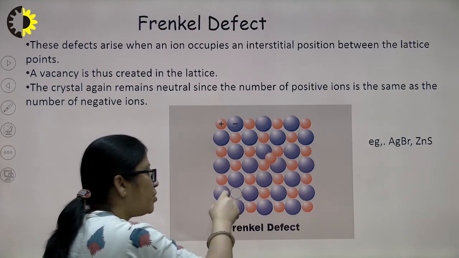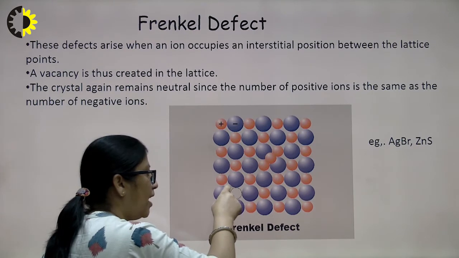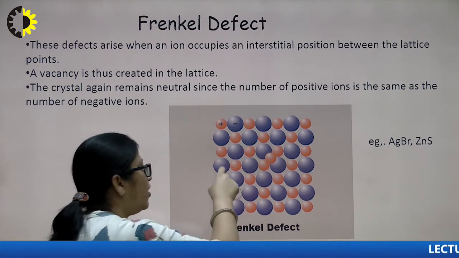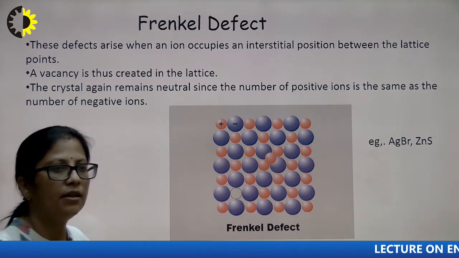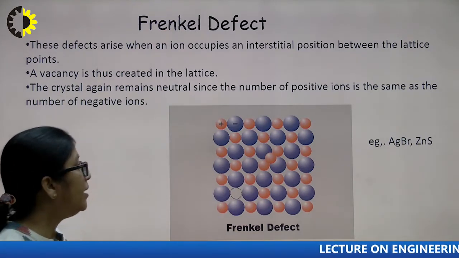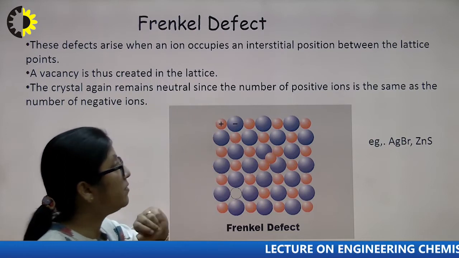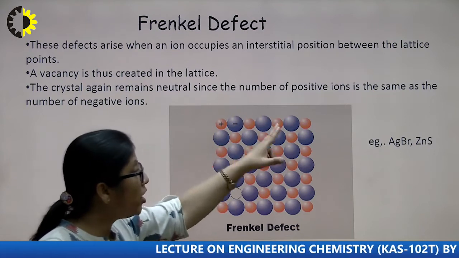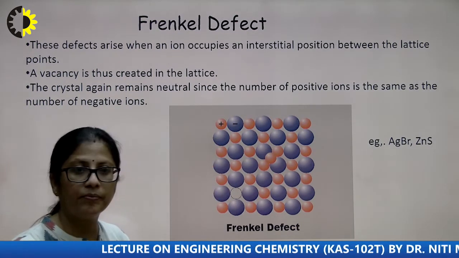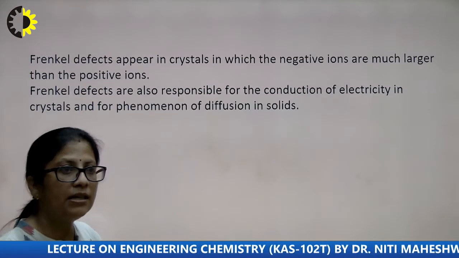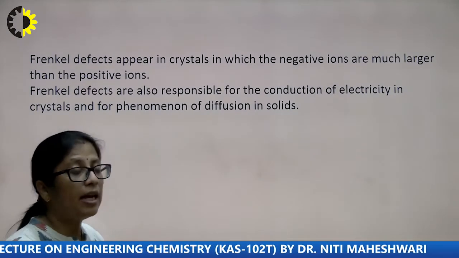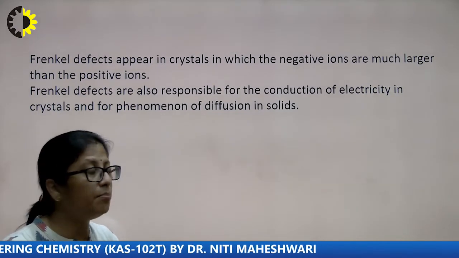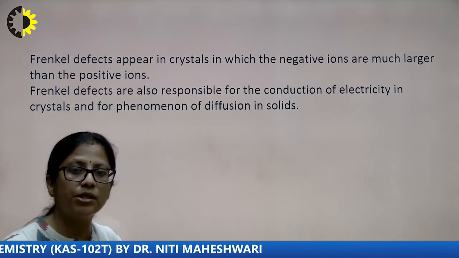Now, since this position is vacant, the nearby ion can move to its position and a new vacancy will be created. Since the number of positive and negative ions is the same, the overall crystal is neutral. And this type of defect arises in crystals where the negative ions are much larger in size than the positive ions.